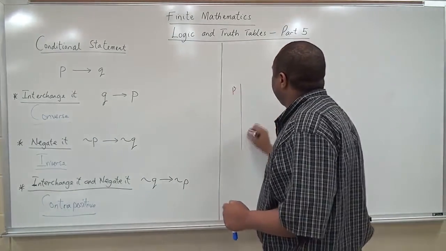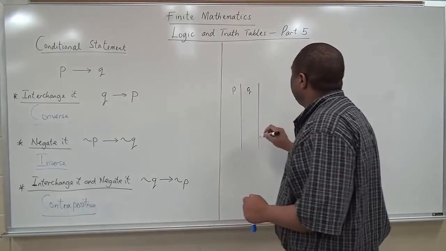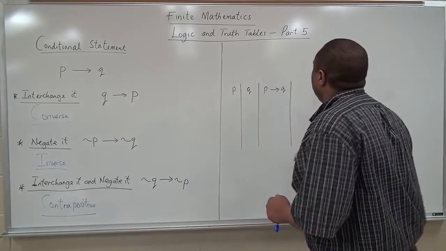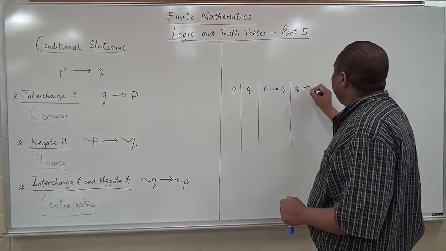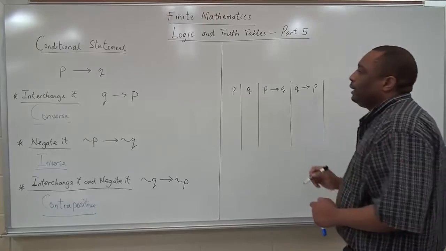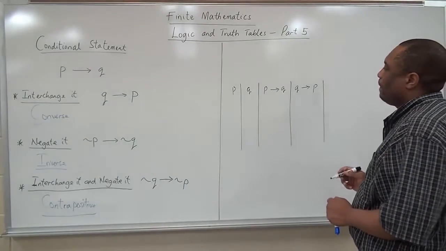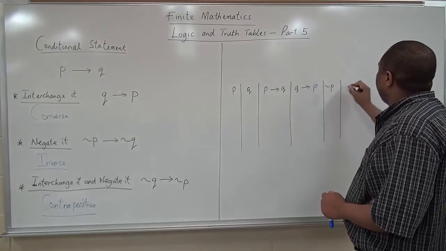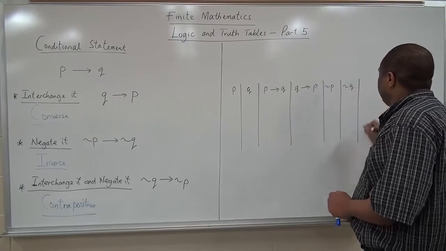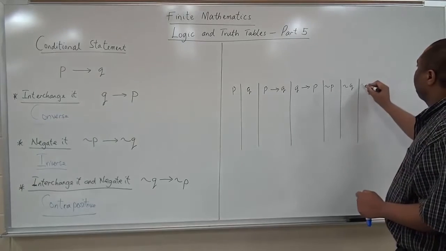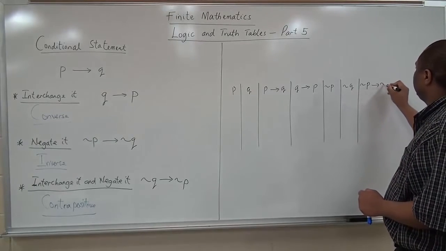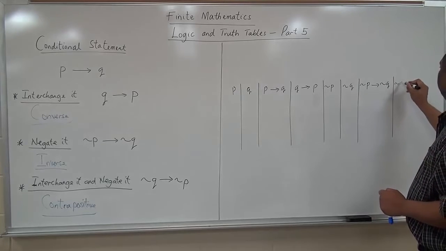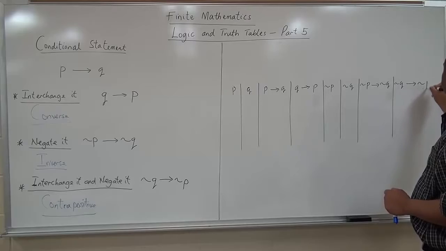We have P, we have Q, we have P implies Q, we have Q implies P, that is the converse. Then we have negation of P, negation of Q, negation of P implies negation of Q, and negation of Q implies negation of P.